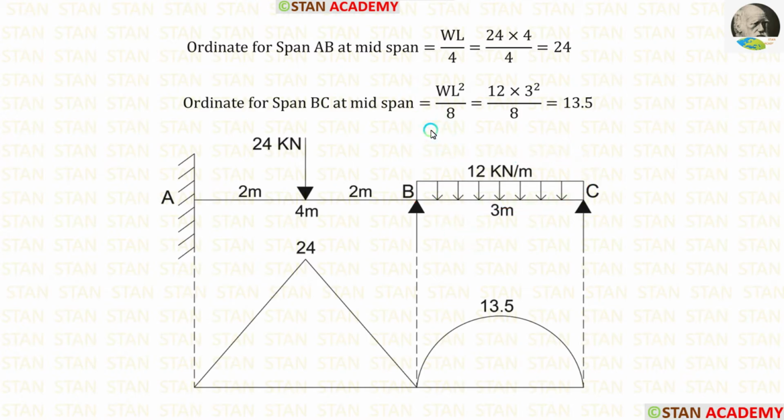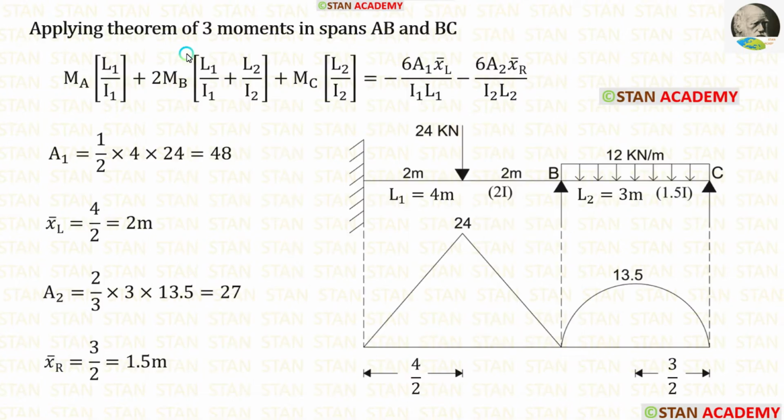In the simply supported beam, if the UDL is acting for the full span, the formula for maximum bending moment is WL square upon 8. In this formula, W is 12, L is 3. After applying, we are getting 13.5. We know that if UDL is acting, the bending moment diagram will be in the shape of parabola.